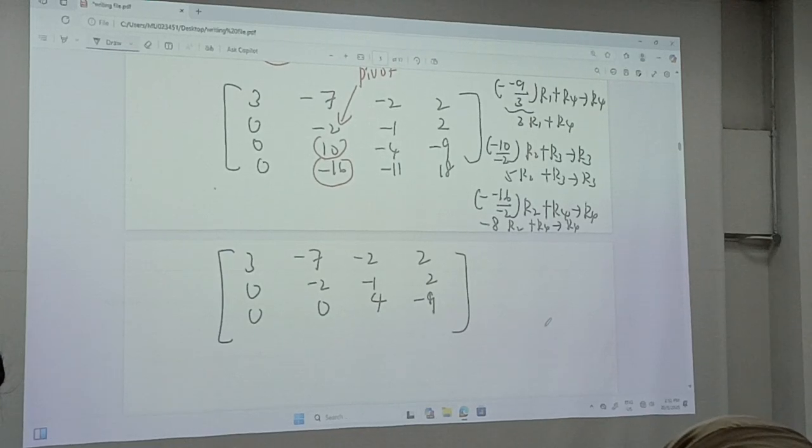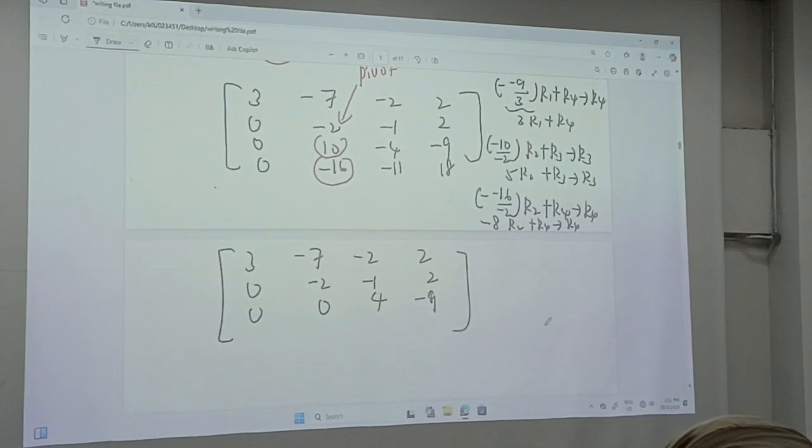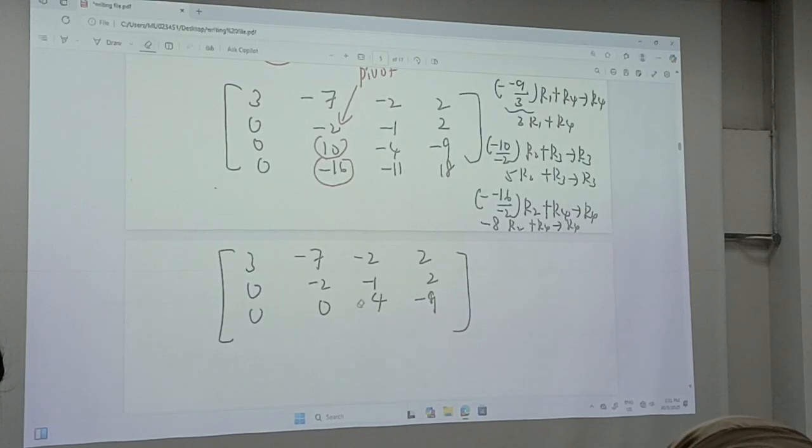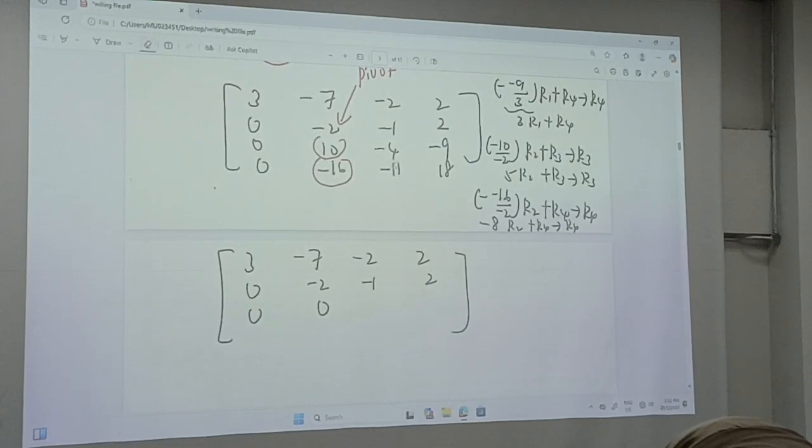Correct? Just now this one is correct, right? So this one is correct, what I did. Oh, this one is 4, not negative 4. Yeah, it's 4. I confused this one with this one. 4, yeah.